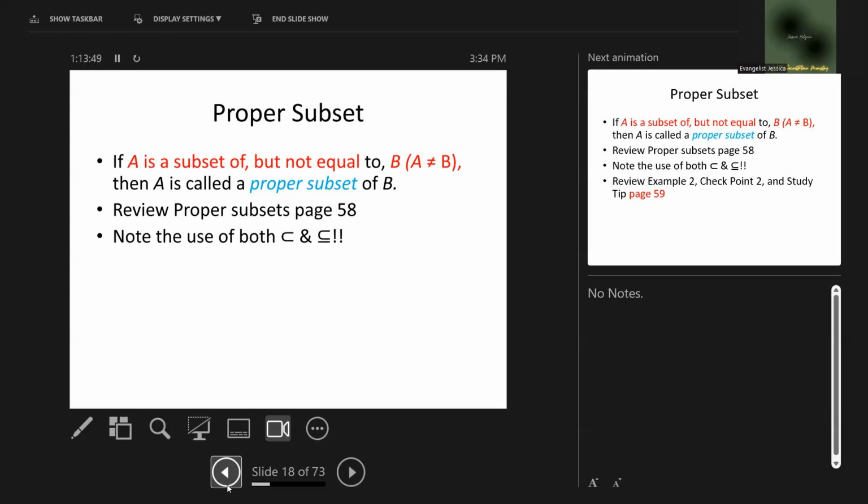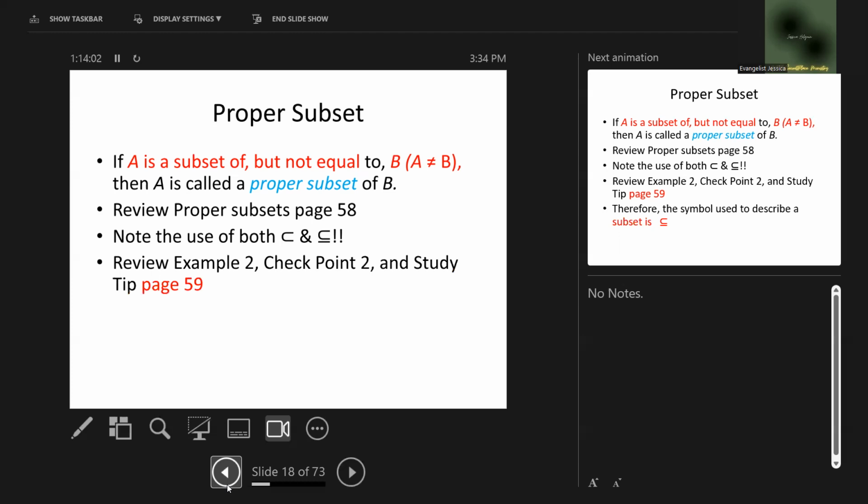It's not a proper subset, so we cannot use that sign. We have to use that little bar. Okay, are you following me? Yeah. I hope you're not confused. So we looked at example 2, page 59 also.